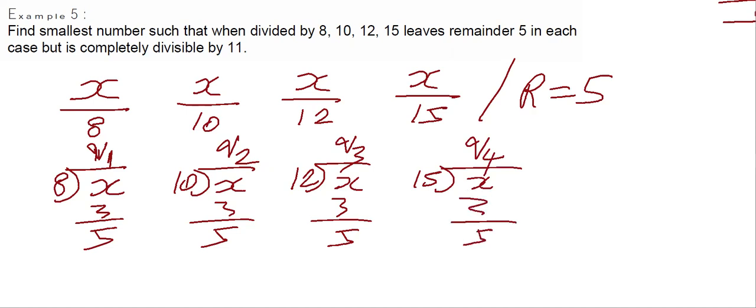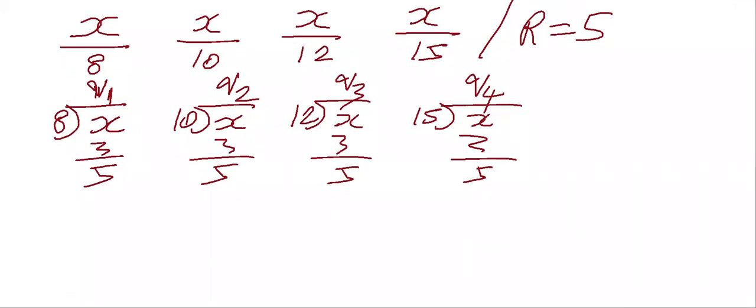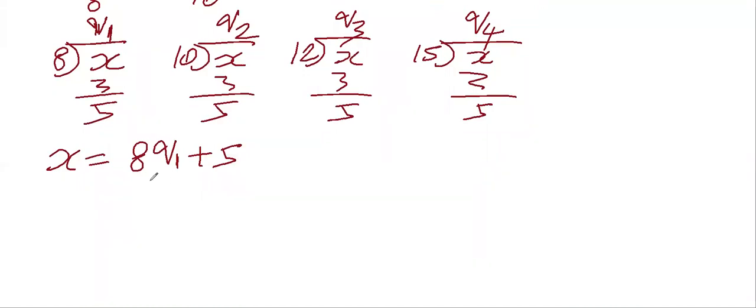Now based on the property, dividend is equal to quotient times divisor plus remainder, the value of x will be 8q1 plus 5.